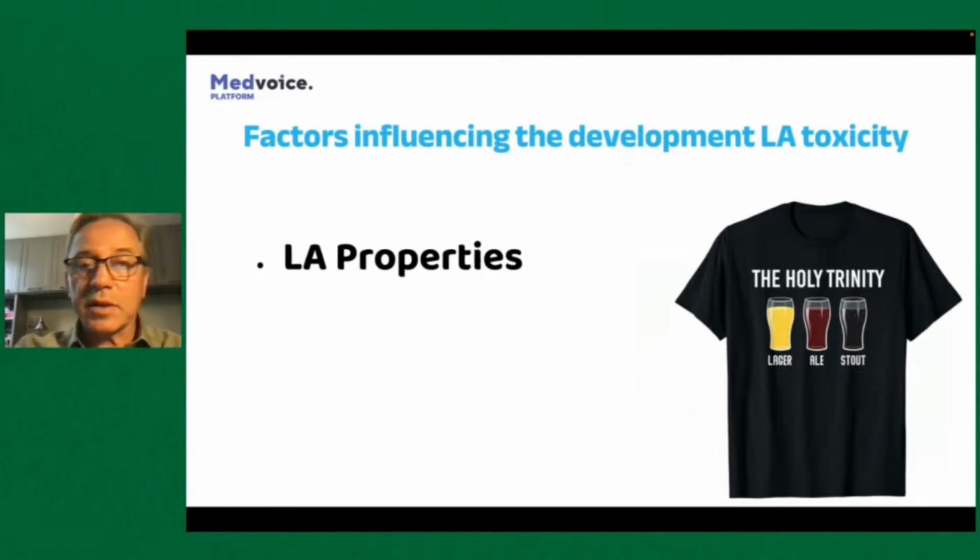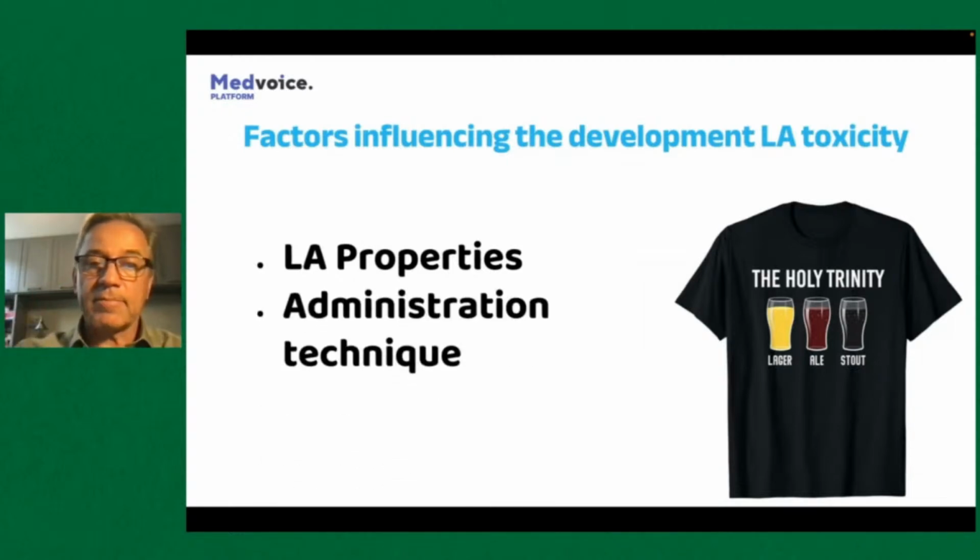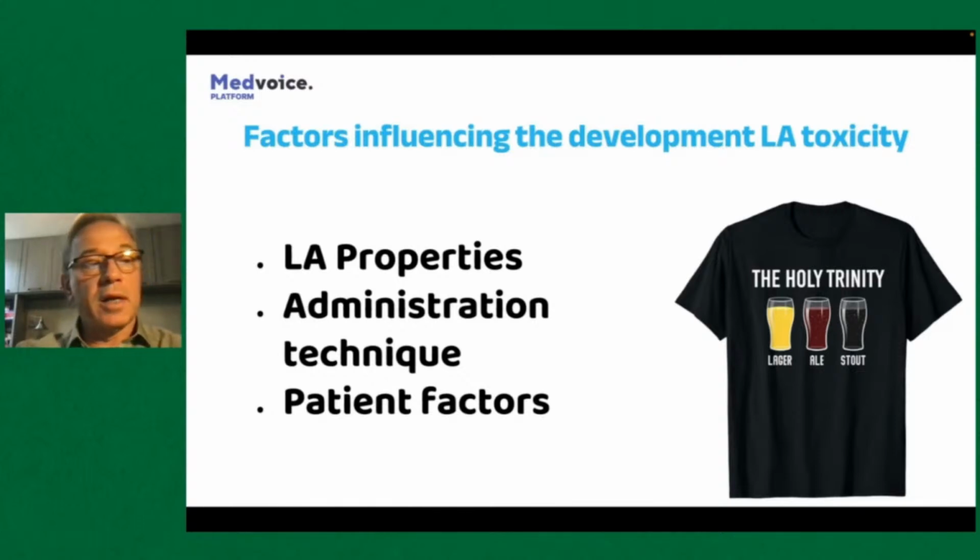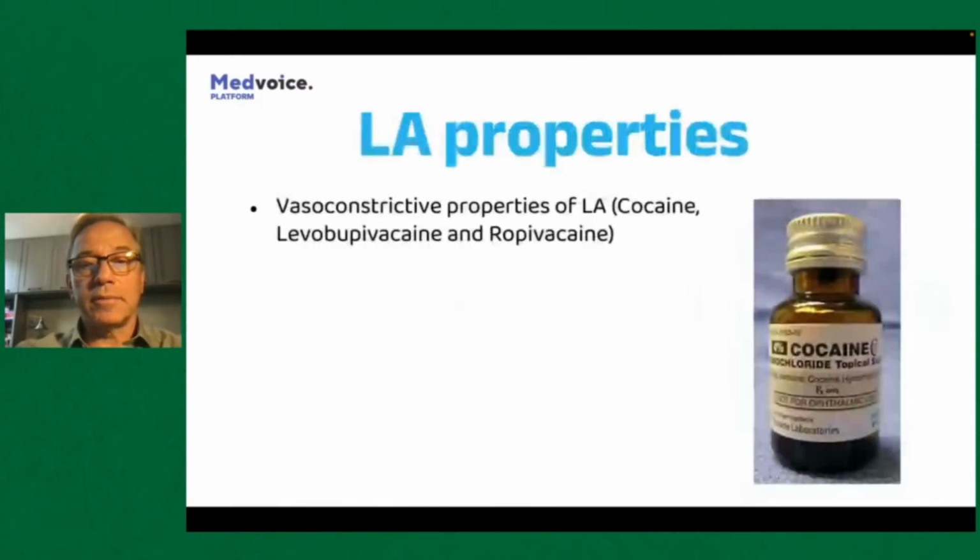What are the factors that influence the development of local anesthetic toxicity? There are three: local anesthetic properties, administration technique, and patient factors. Let's look at them in turn. Local anesthetic properties: some of them are vasoconstrictors, some better than the others, and the best one is cocaine.